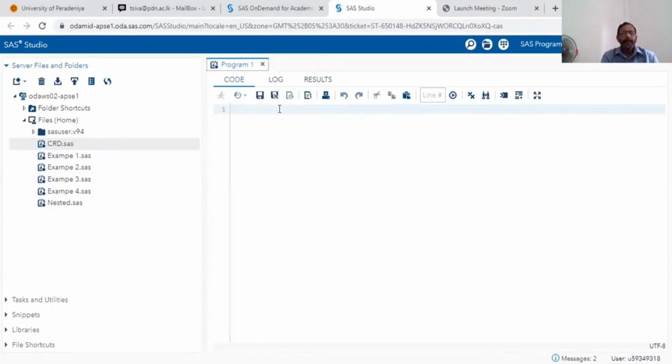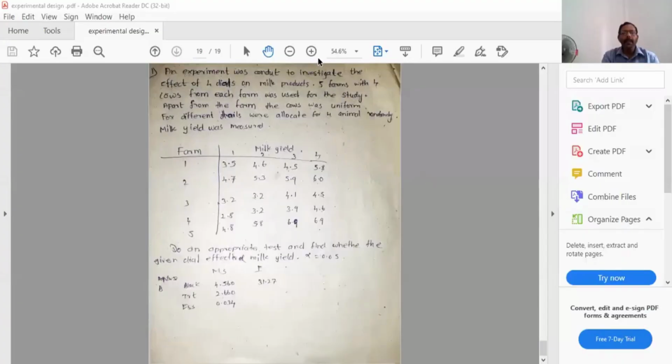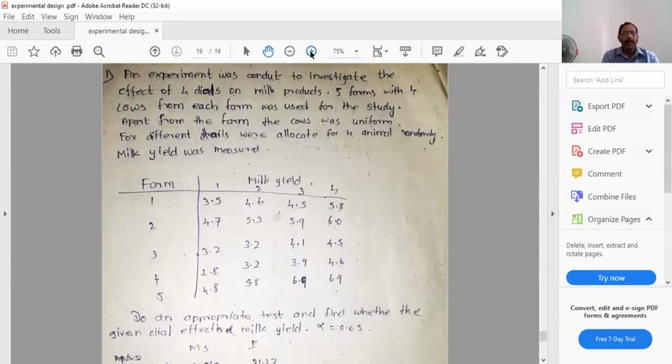Right. Now, I have already entered the data for the second example. You see, this is your second example. What is this? This is from your notes, huh? Do you have the notes of this?